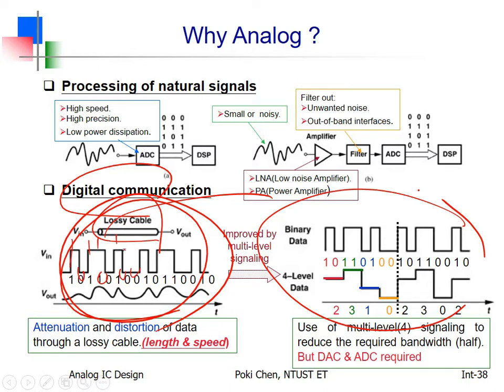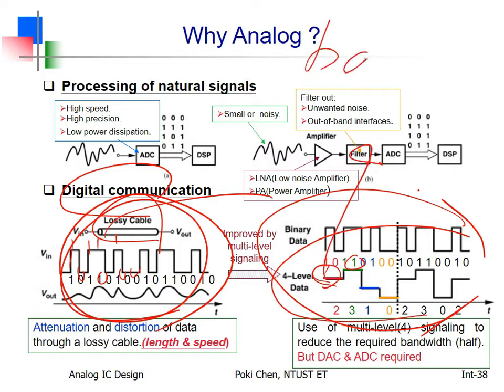For each clock, we transmit only 1 bit. But here, a very good example. For each clock, we transmit 2 bits. Got it? You can see. If you transmit, so we call it baud rate. That is a very important idea in communication, in telecommunication.